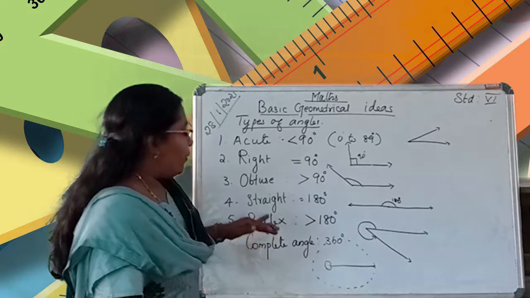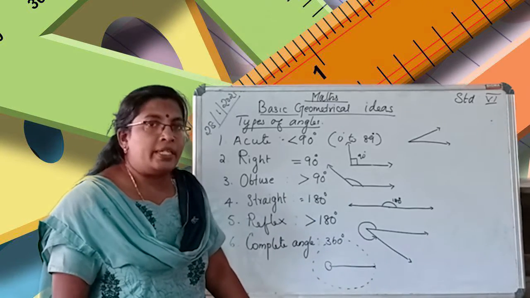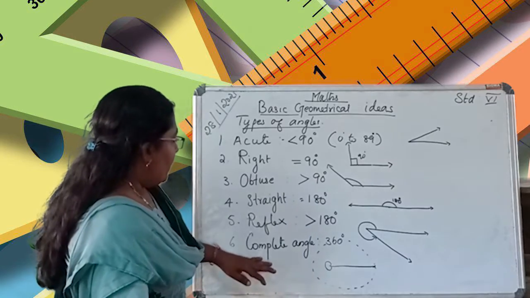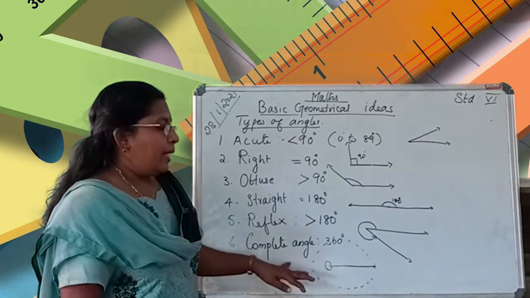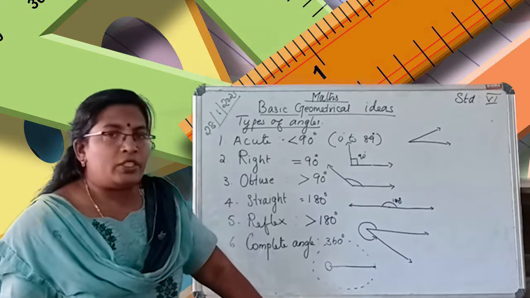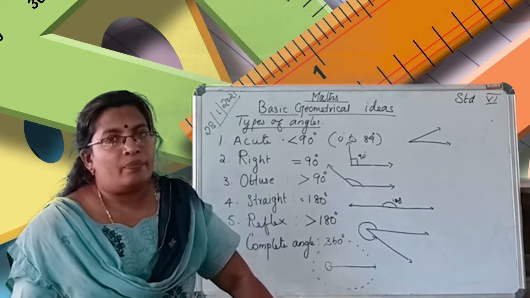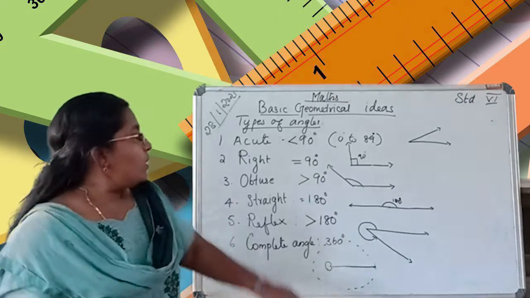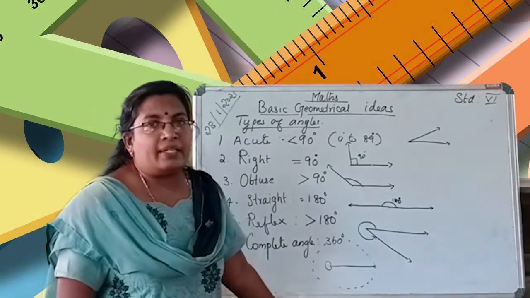Next, reflex angle, the angle whose measure is greater than 180 degree. Next is the complete angle, that means an angle whose measure is 360 degree. An example is a circle. These are the types of angles. Understand?